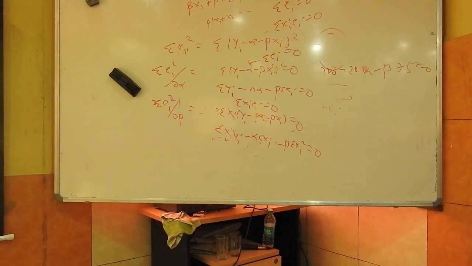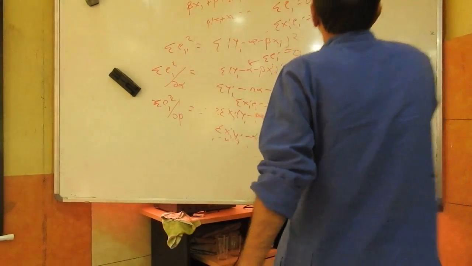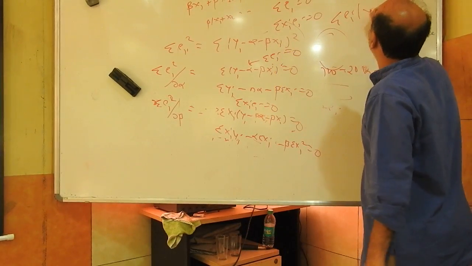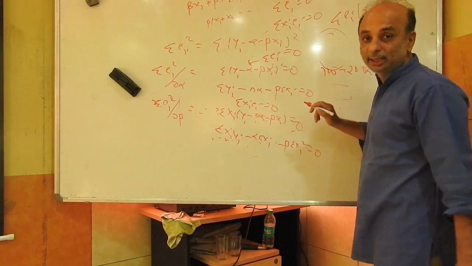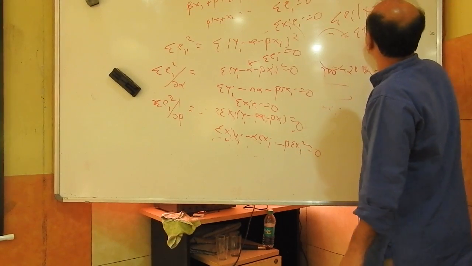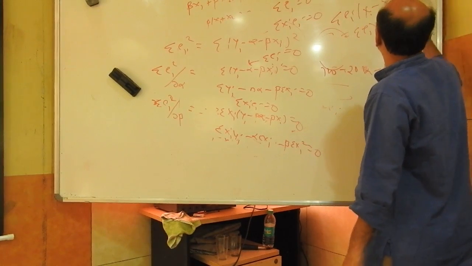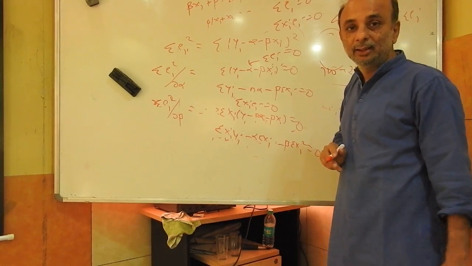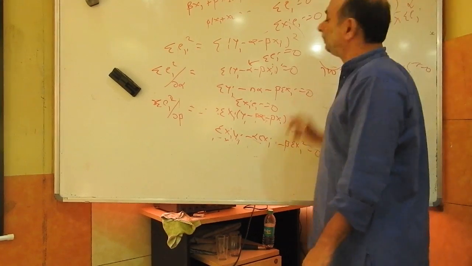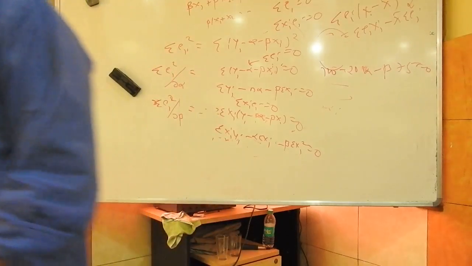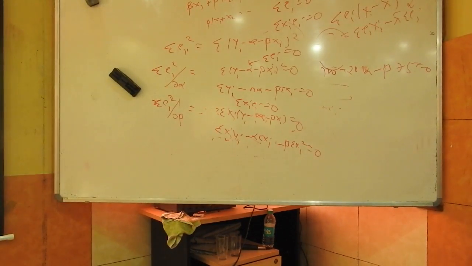So you will get summation ei xi minus x bar summation ei. So this part will be 0. So if I say summation ei xi or summation xi ei, let's write it as summation xi ei because this is going to be useful to us in a later context, right? So summation xi ei is equal to 0, setting the covariance of xi to be 0.